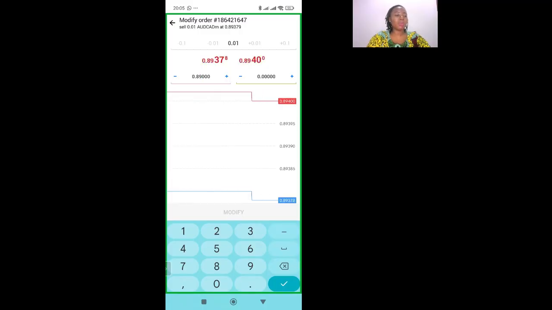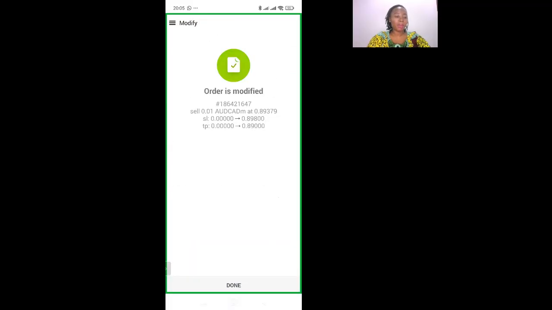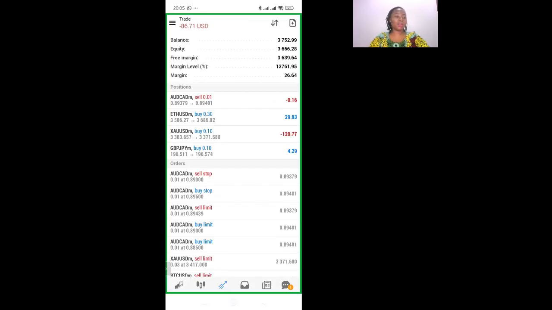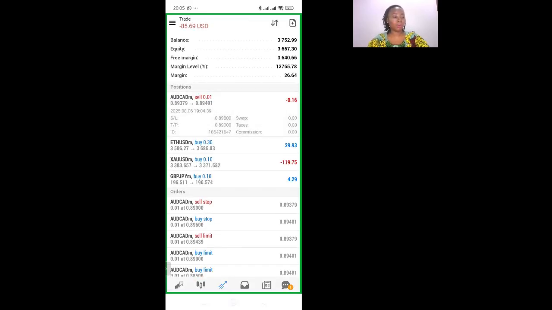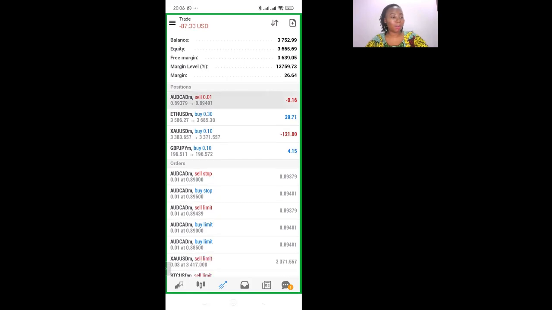I can put 89800, a price above the entry, and then I can put my profits here, click on modify, and that's it. That's how to take trades on MT4, MT5 with the different kinds of orders.